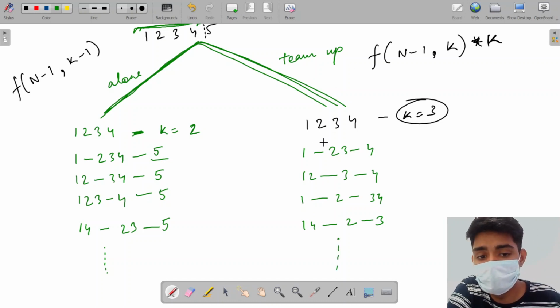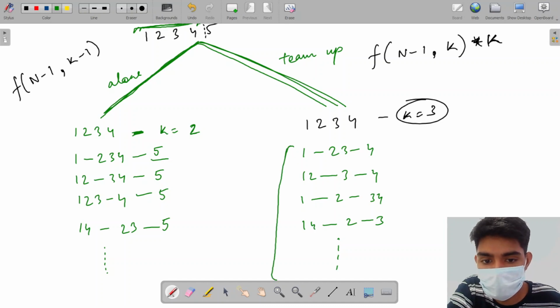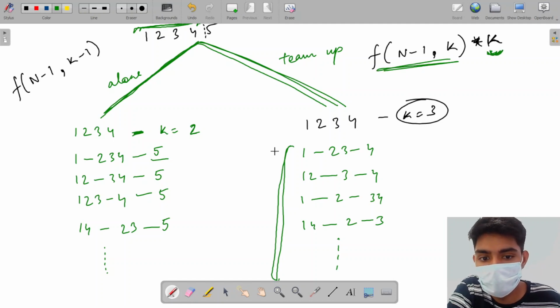Now I will have all these ways, right? Now 5 will attach itself to it in k number of ways because I have k subsets, right? 5 can attach itself to this, and to this.